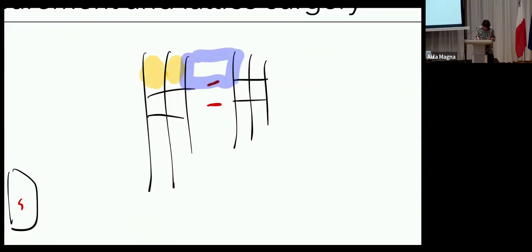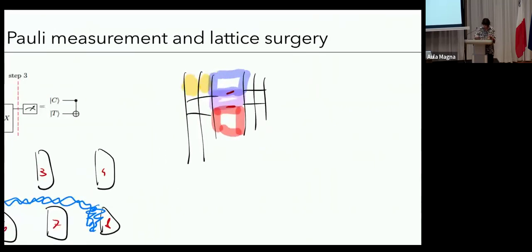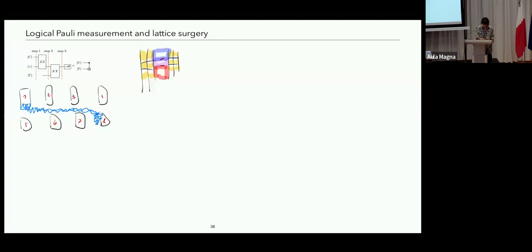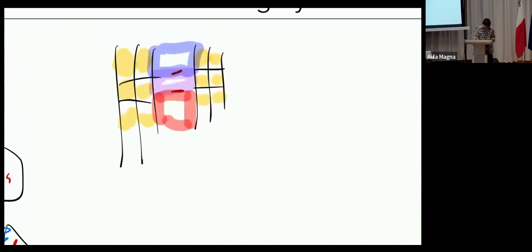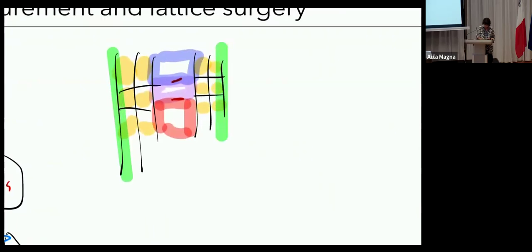This guy here, this guy here, and this guy here. And now you can see that if you do the product of all the base operators that you had before, plus these two, plus these three in the middle, the product of all of them is this times this.